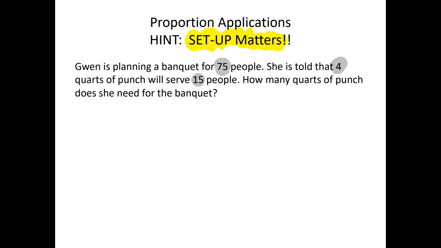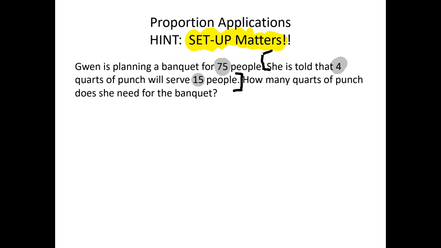Well, it says that Gwen is planning a banquet for 75 people. Period. That sentence has only one number in it. So that 75 is going to have to wait. I have to go to the second sentence right here. She is told that 4 quarts of punch will serve 15 people.